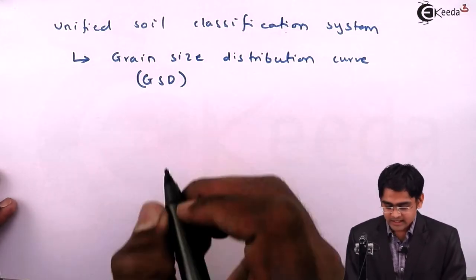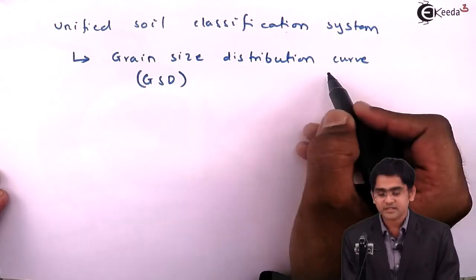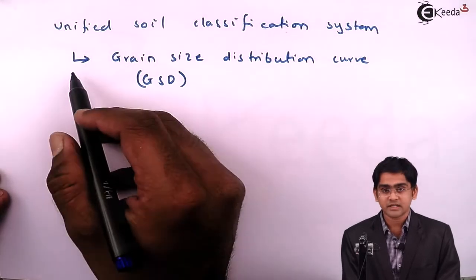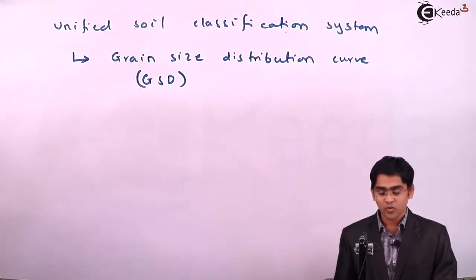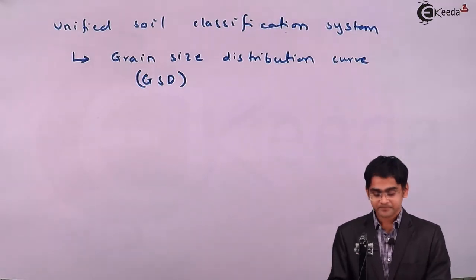So we discussed the grain size distribution curve, which gives us an idea of how the particles are present in the soil.